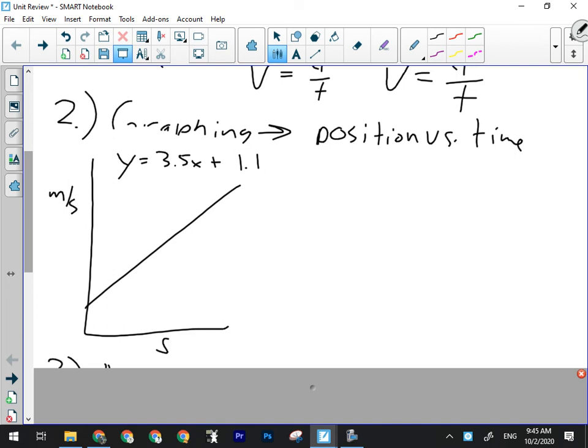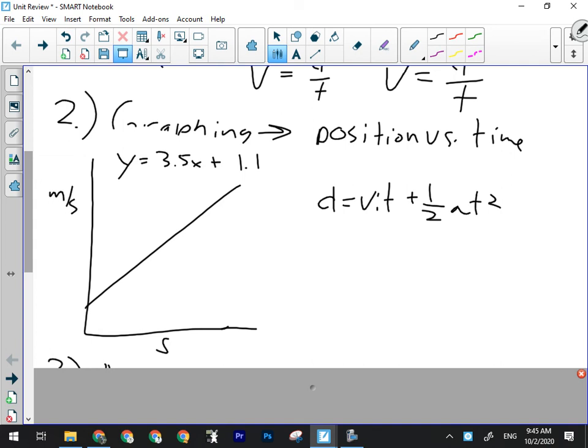All right. What else might I ask you to calculate from a velocity versus time graph? Displacements. Okay, and we talked about that on our lab. If we have a graph that looks like this, we can use that formula. We're looking for d.